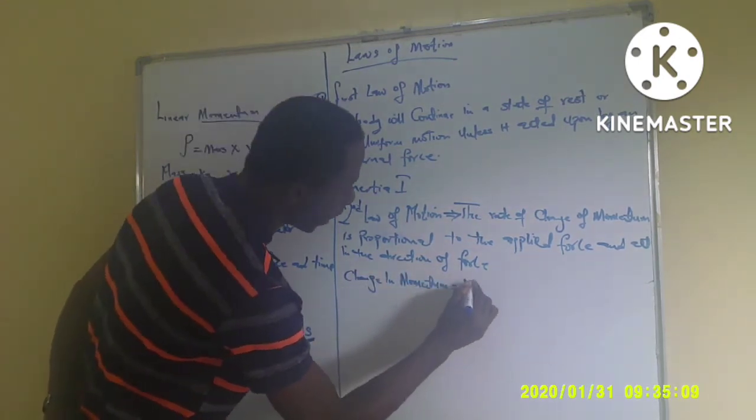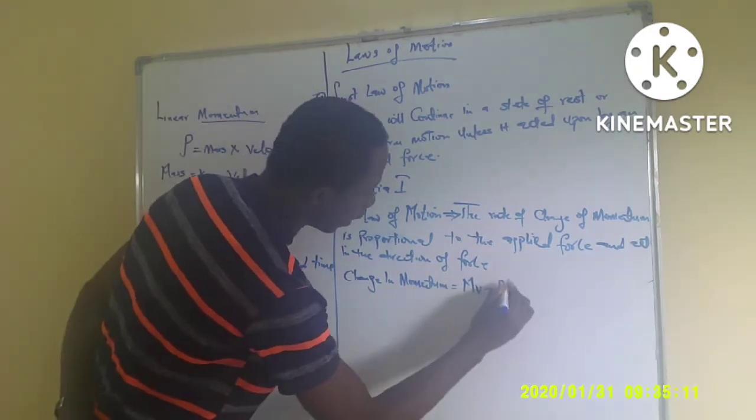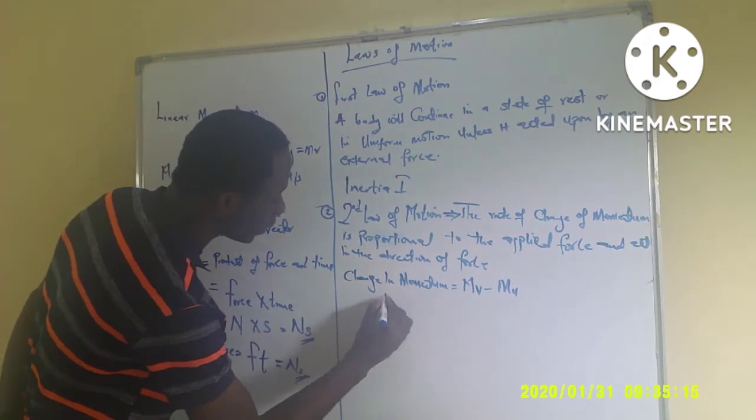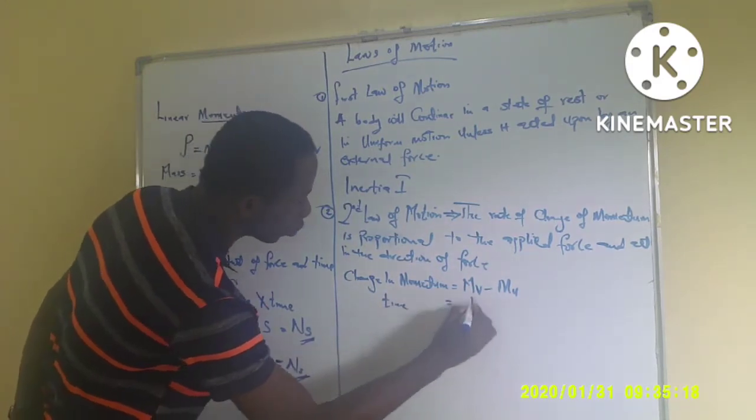Change in momentum is equal to mv minus mu. And the time is equal to t.